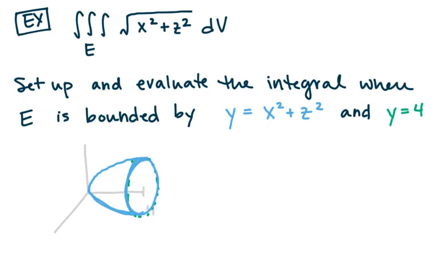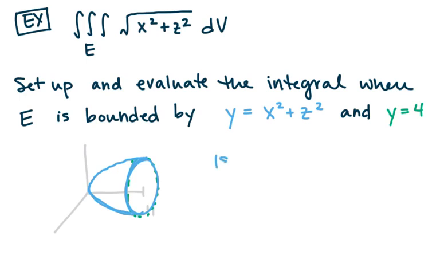All right, now we need to think about how to set this up, and this isn't set up the same way the tetrahedron we did in the last video was. We want to think about what our bounds are. So if we choose first to integrate in terms of z, what are my upper and lower bounds? We'd have to solve this.